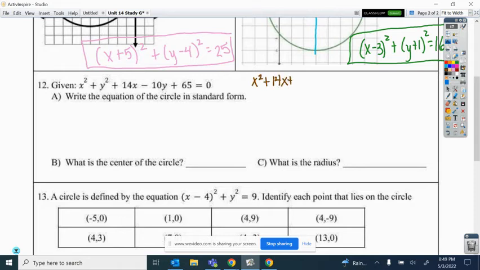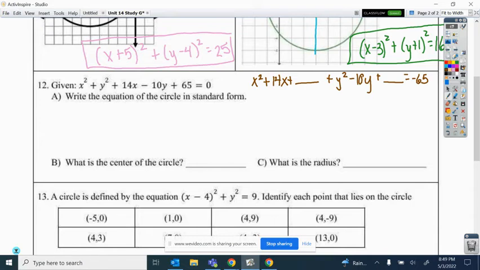So x squared plus 14x plus a little something else, and then plus y squared minus 10y plus a little something else. And this equals, now remember that 65 that we had on the left, we're going to have to subtract that from both sides to move it over to the right. So as we solve that, we want variables on the left and we want constants on the right.